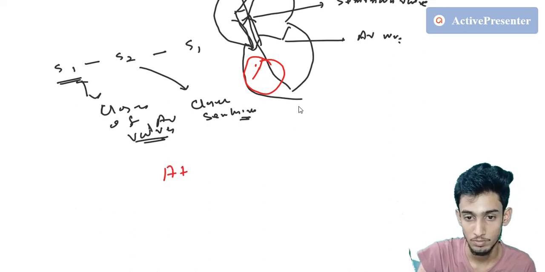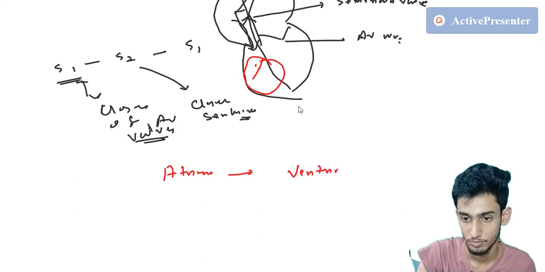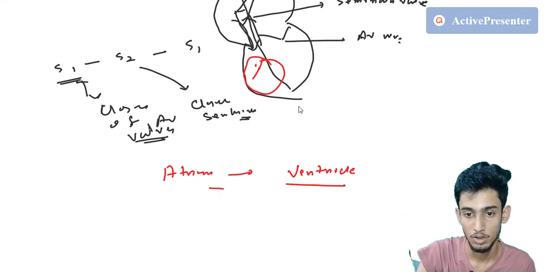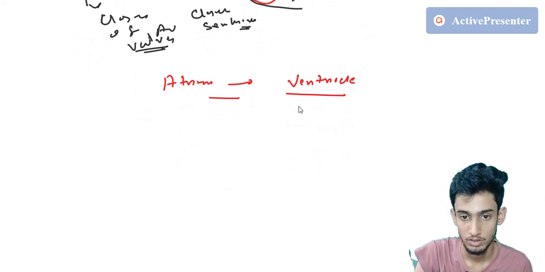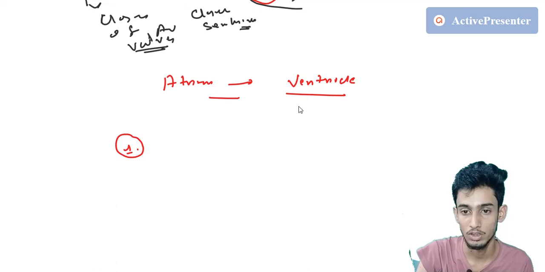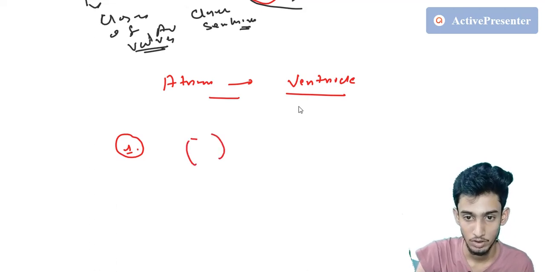So atrium to ventricle, this is the normal flow. Okay. Let's see what happens in the ventricle. First blood comes and collects in the ventricle. So the AV valve is closed, and the semilunar valve is closed at this state.